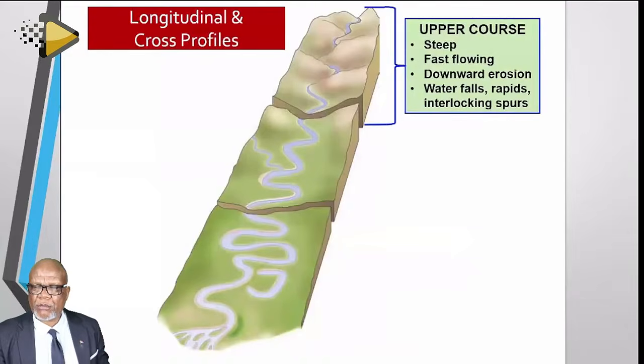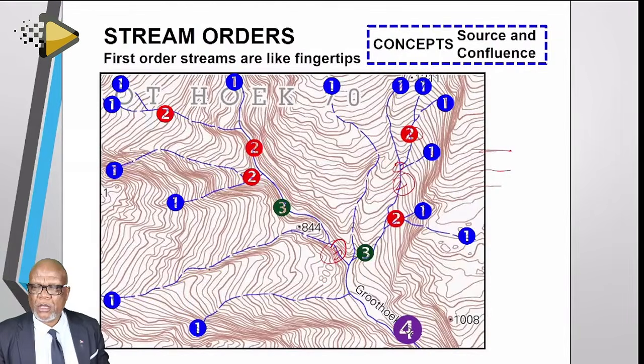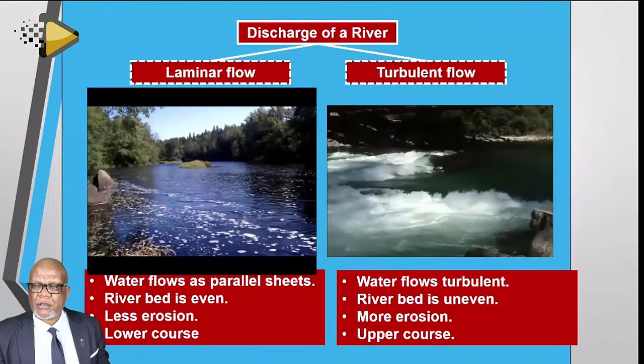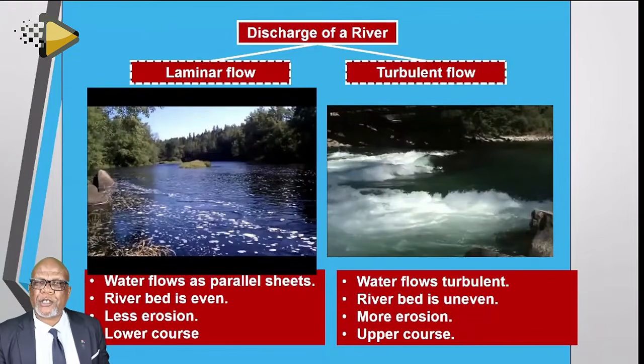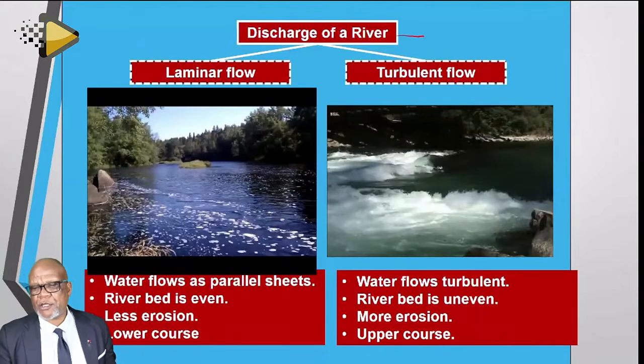Let's look at river discharge. You must be able to define what a river discharge is. It's the volume of water as it passes a specific point at a specific time.